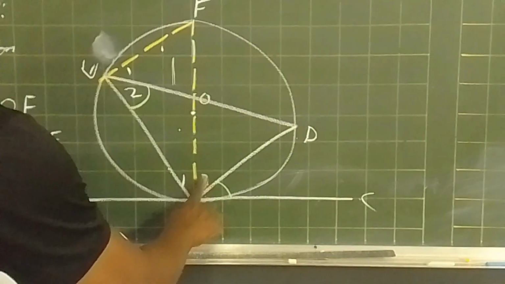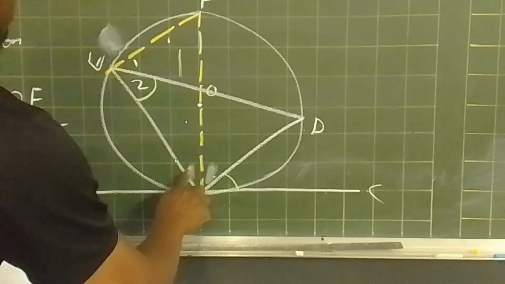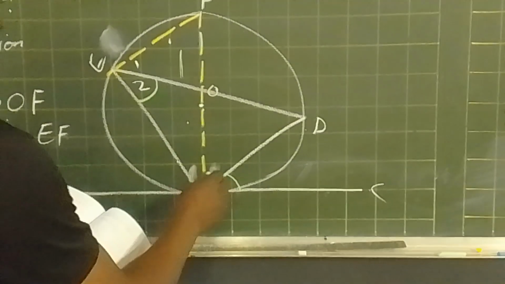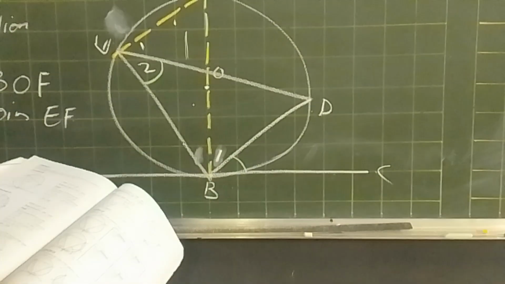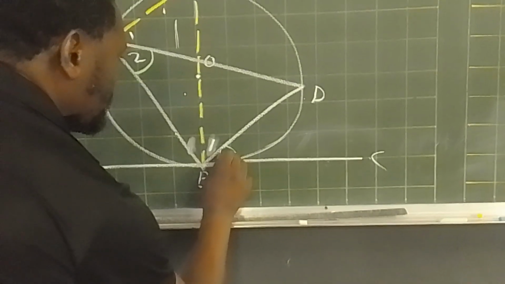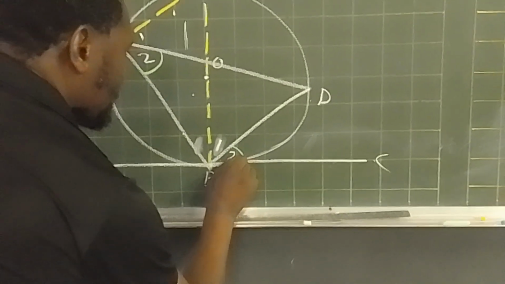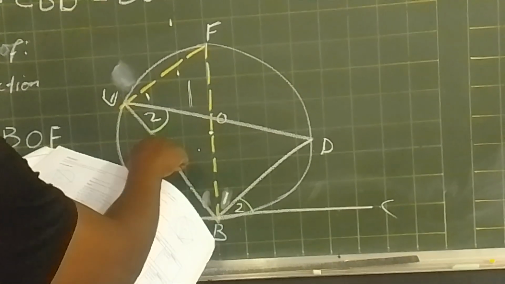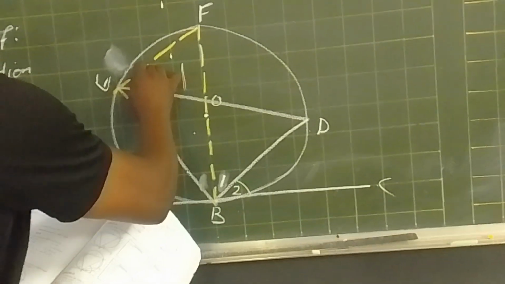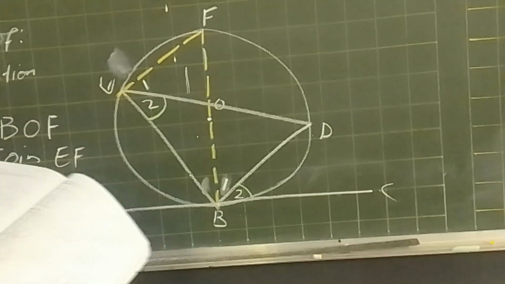Sorry, this is not B1, our B1 is here. This is your B1, this is your B2. Let's check here, E1, E2. Yeah, everything is in place.